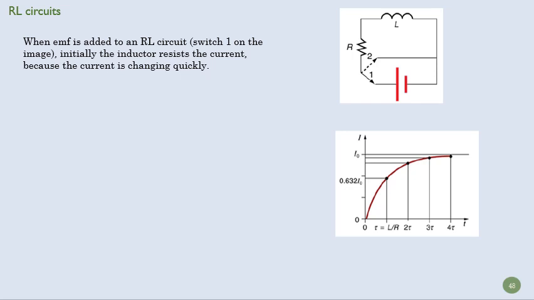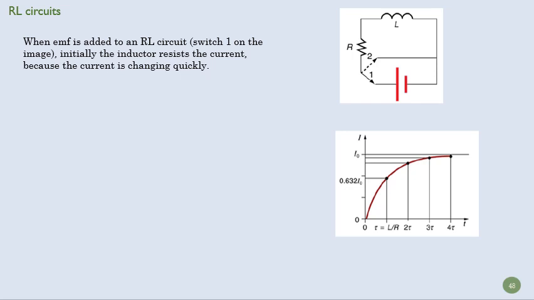Now, we also need to talk about what happens when we throw a resistor into the circuit. In this case, it's going to change the way that the inductor resists the current, right? So when I turn this battery on, when I hook it up to 1, the inductor is going to resist that current.